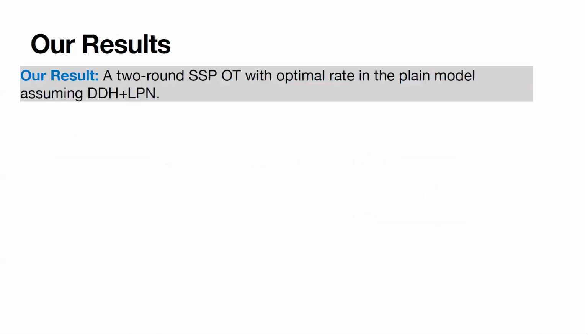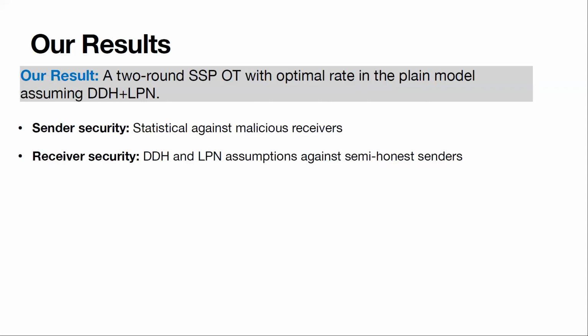Okay, so our main result in this work is a new 2-round SSP OT with optimal rate in the plain model, for which security holds under the DDH and the LPN assumptions. And in particular, these assumptions are not known to imply FHE. So what does this mean?